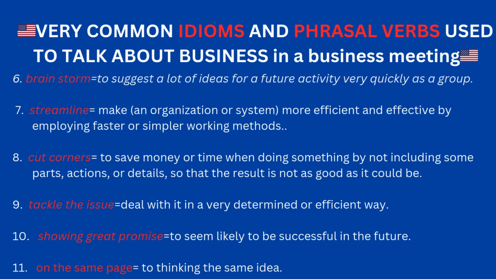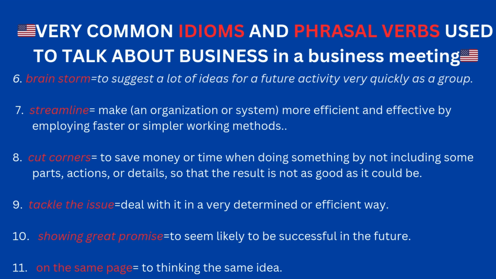Number eight is to cut corners. This is to save money or time when doing something by not including some parts, actions, or details. So it's not necessarily a positive but not necessarily a negative. Cut corners, you're taking shortcuts. And often it means that you are losing some quality or maybe completeness, but you might need to cut corners for some reason.